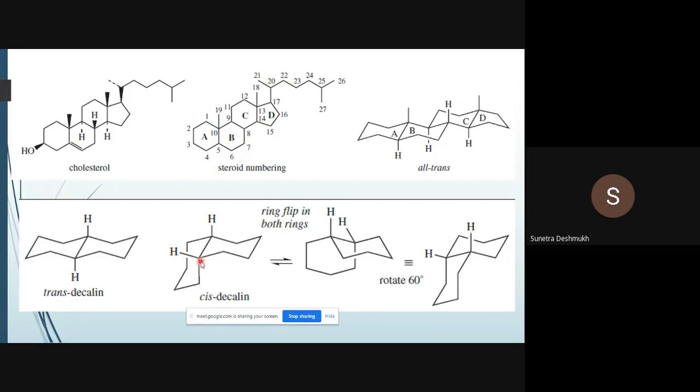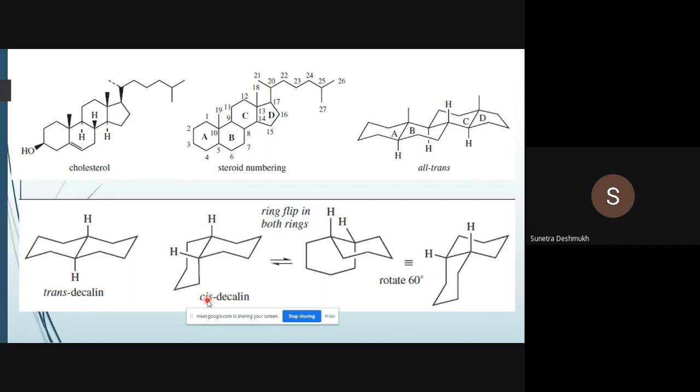So here the hydrogen atom is axial, but here the carbon-carbon single bond is axial. These two are in opposite directions, the carbon-carbon single bond and the carbon-hydrogen bond. Now the other carbon-hydrogen bond is equatorial. That means this hydrogen and this hydrogen both are present above the plane. That's why this is cis-decalin.